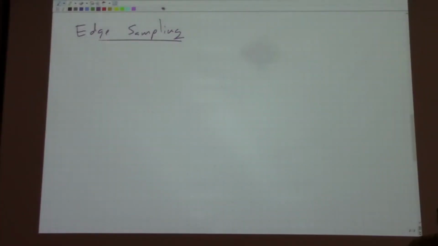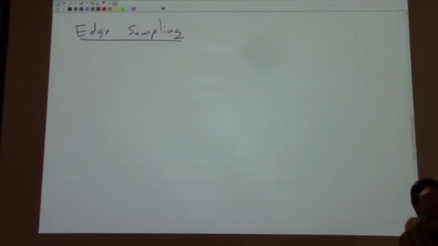The basic technique is going to be called edge sampling. This will work within a pretty good bound of the best you can do. There are some much more complicated algorithms that you can run, but this edge sampling is going to work pretty well.